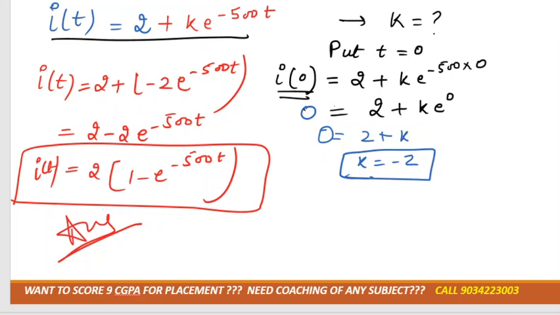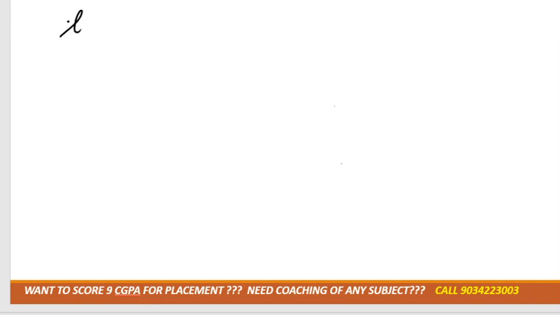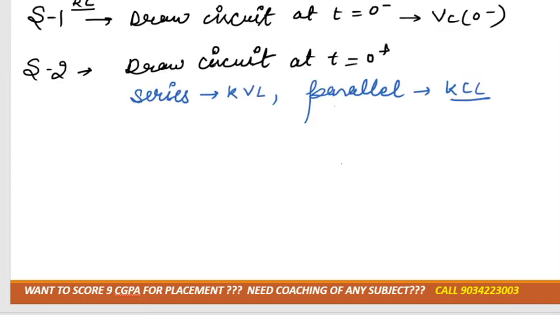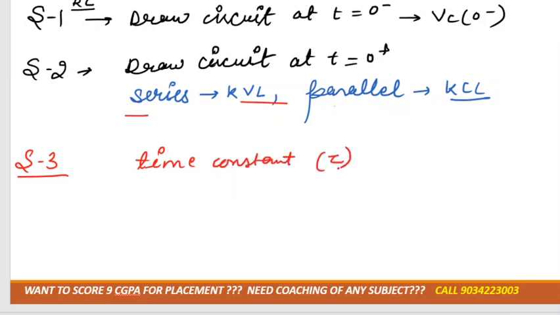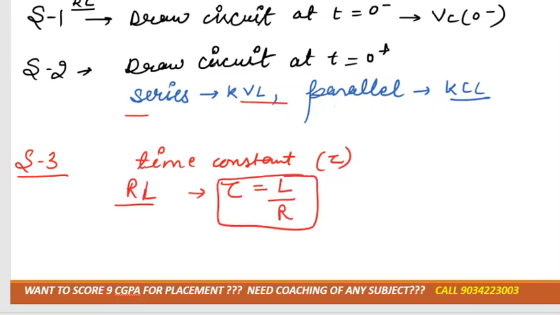Understood this one? And time constant. Time constant is denoted by tau. If it's an RL circuit, then time constant is L by R. Got it?